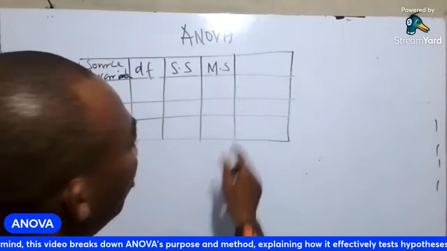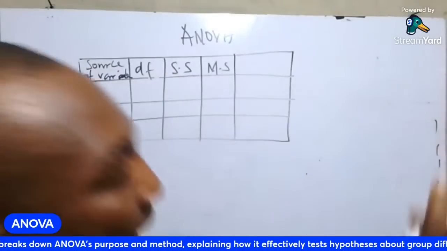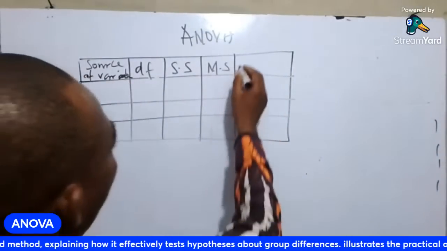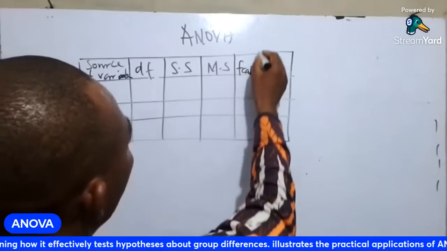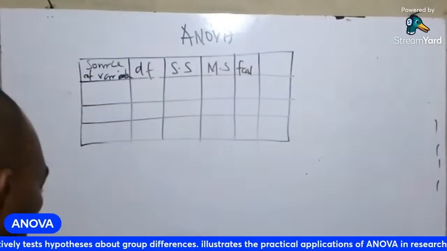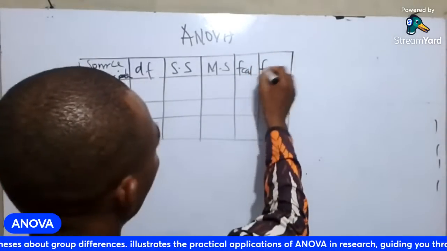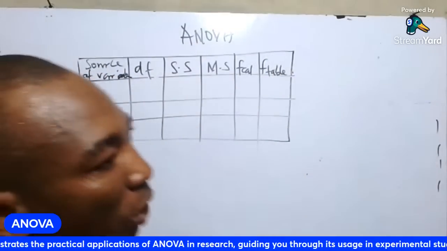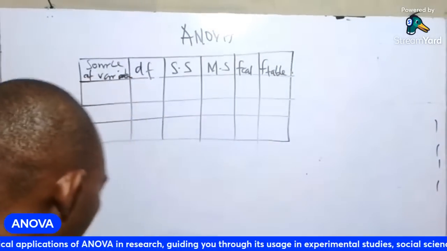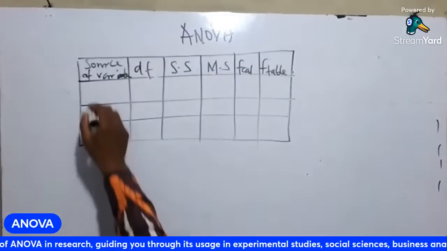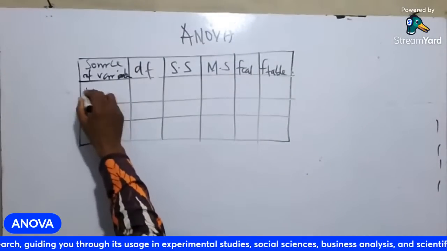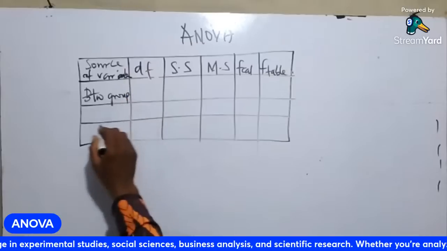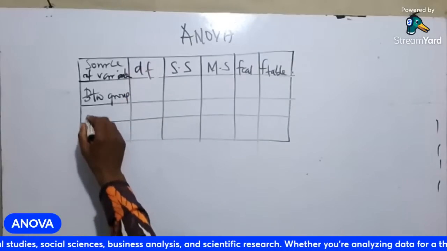Then from there, just like the way we do it for the t-test, where you get your t calculated, this time around you are getting your F calculated, that is the calculated value. Then you talk about the F table. So for analysis of variance, you check your F table. In checking the F table, you look at between the groups, within the groups, and the residual.